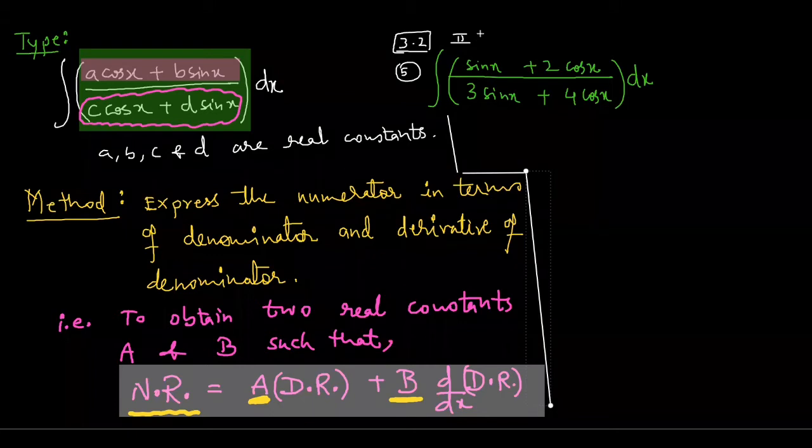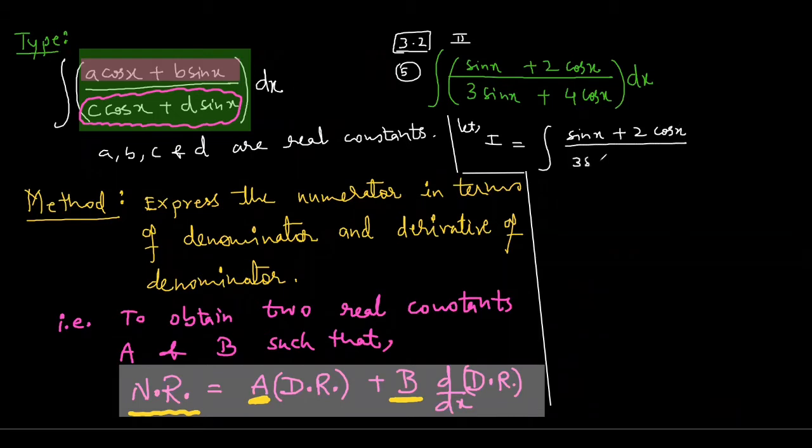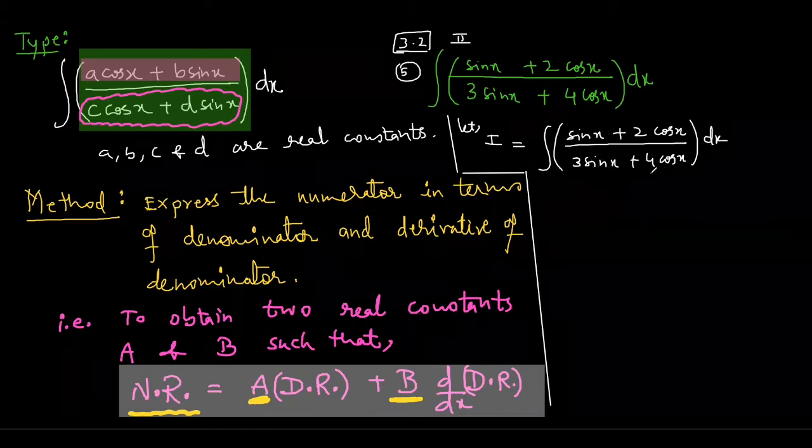So the first step, as you all know students, I will write: let I equal to the integral of (sin x plus 2 cos x) upon (3 sin x plus 4 cos x) dx. Okay. So what I have to do is express the numerator in terms of denominator and its derivative.